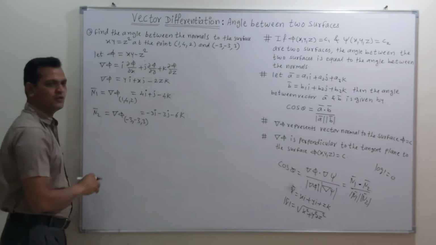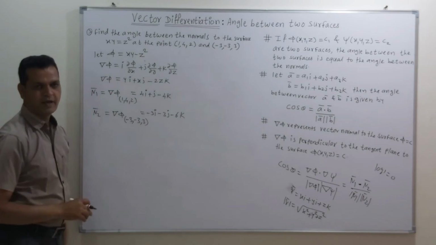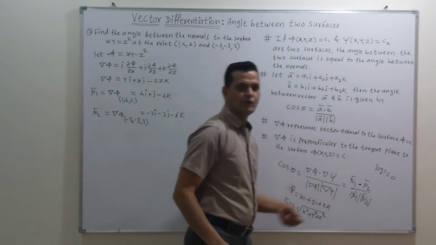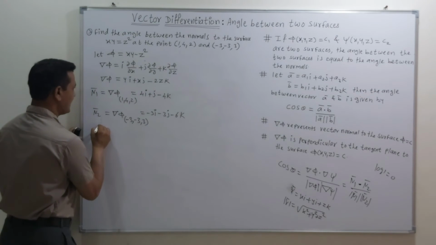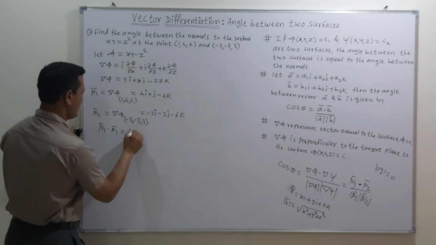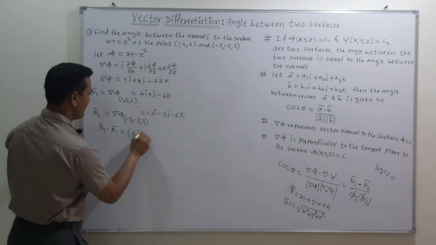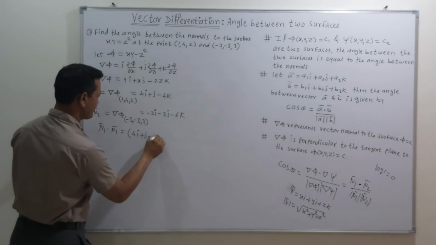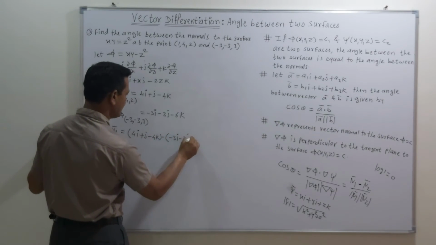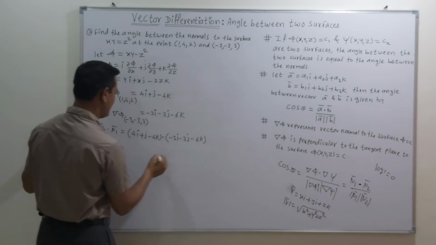So here we get the values of these two terms as n1 and n2. So now friends, let's take the dot product between these two vectors. So we write this as n1 dot n2. So vector n1 bar dot n2, which is 4i plus j minus 4k, its dot product with minus 3i minus 3j minus 6k.